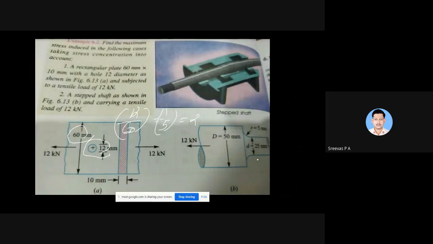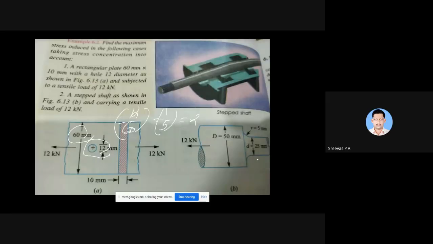You only need to find KT. For KT you refer page number 7.11, that first chart. In the x-axis it is R by D. R by D means this radius 5 divided by the diameter of the small shaft 25. So 5 by 25, that is also 1 by 5, that is 0.2. A lot of curves will be there.